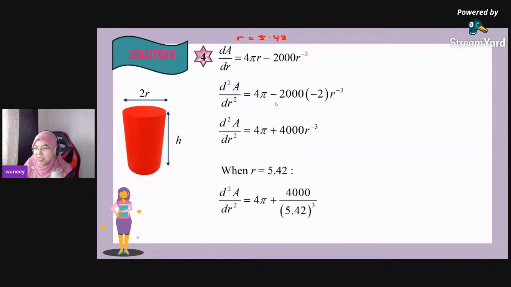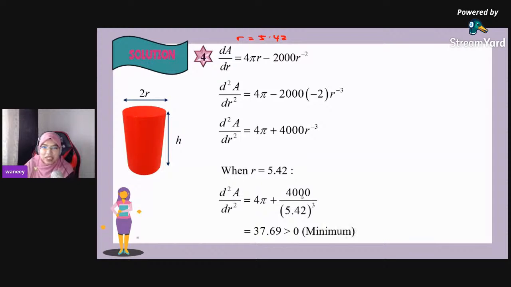Actually, you should be able to see, right? This is definitely positive because it is a positive number plus a positive number. Okay, so when you substitute the value in, you're going to get 37.69. So this number is positive. So it simply means that we are going to have a minimum.